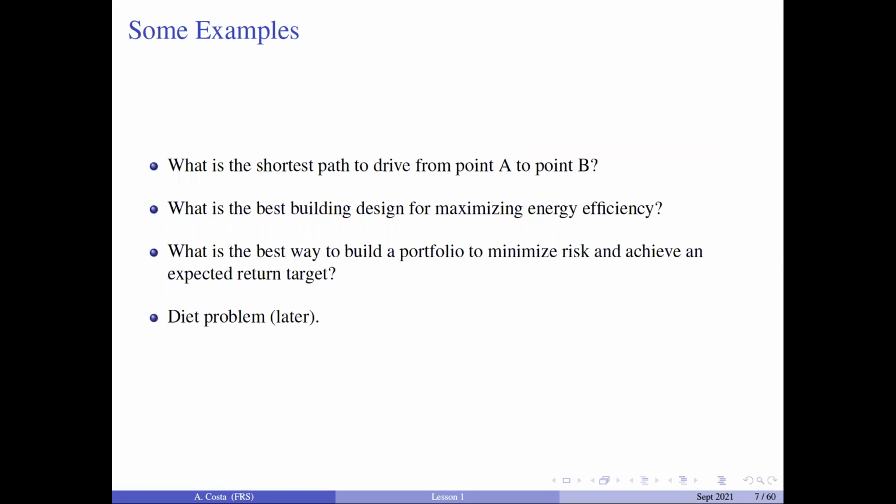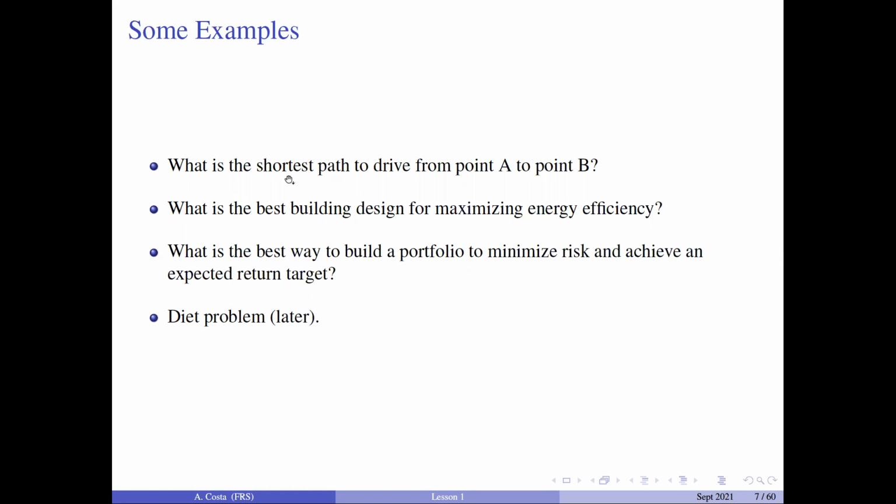A few examples that you may be familiar with. Let's say you're driving, you use your navigator, you want to go from point A to point B, and you want to look for the shortest path. Well, this is an optimization problem because the shortest path is basically the objective. You want to minimize the total length, right? So when you have different options going from A to B, how do you choose the best one?